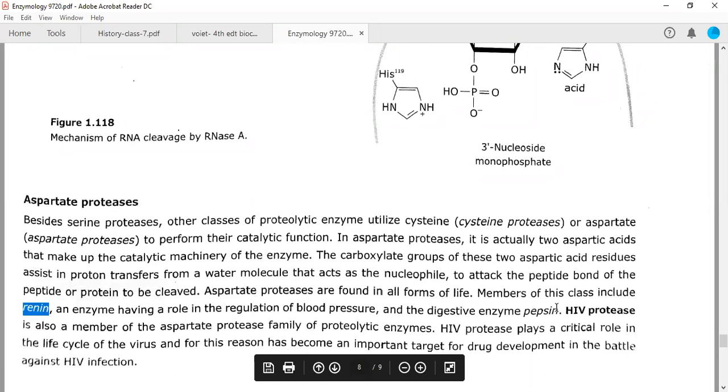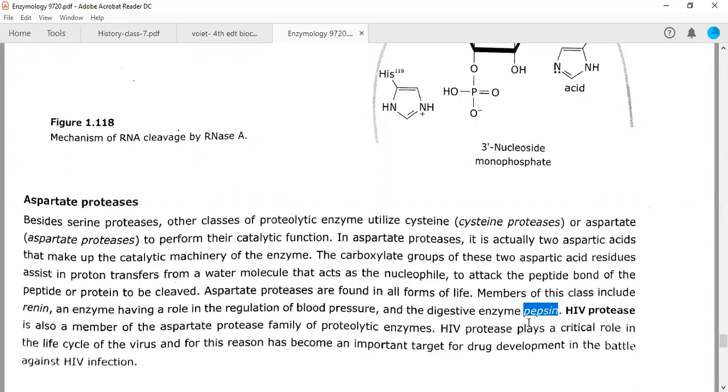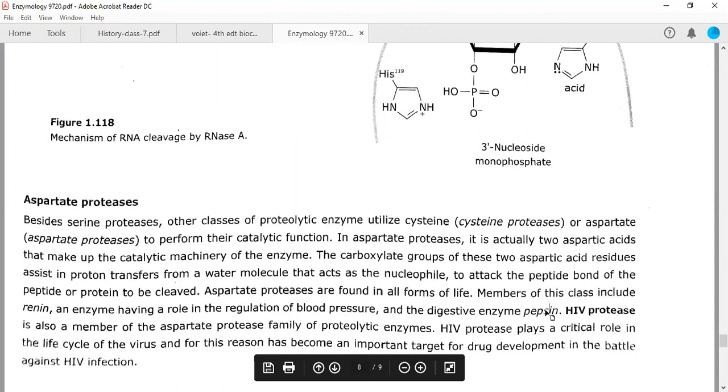Second is pepsin. If you remember, pepsin is an enzyme which is able to cleave antibodies at a specific position. This is also a part of immunology, but I'm giving you a hint here. This pepsin is cleaving the antibodies at a specific site so that the Fc fragments are lost.